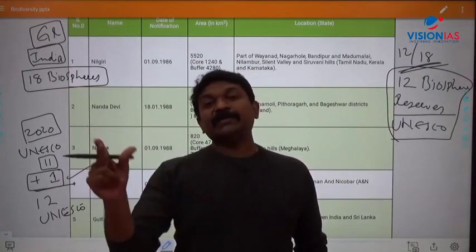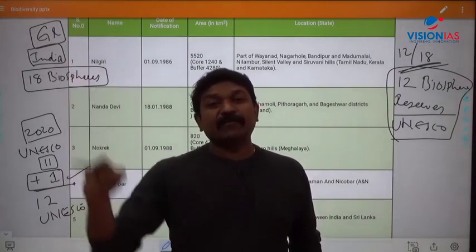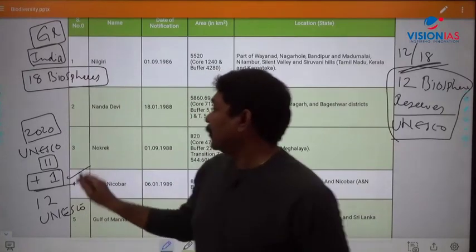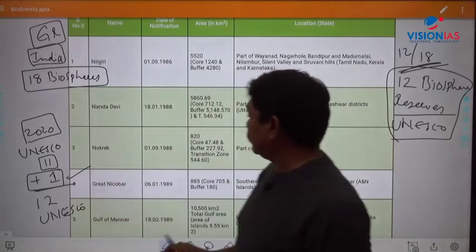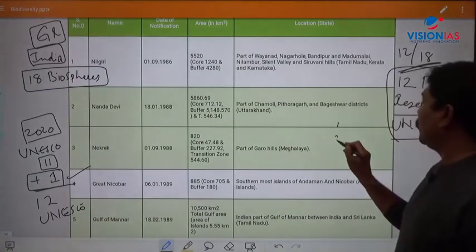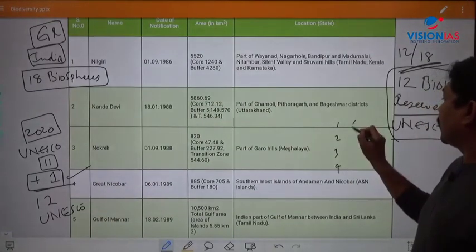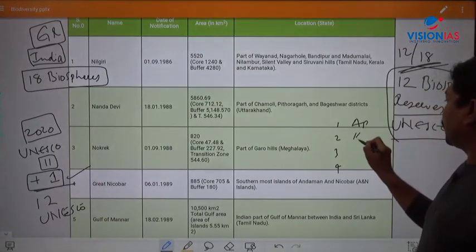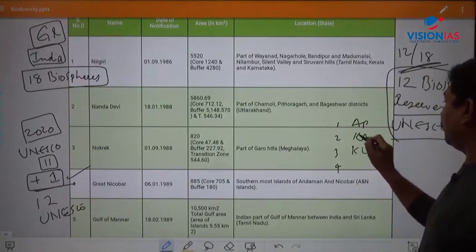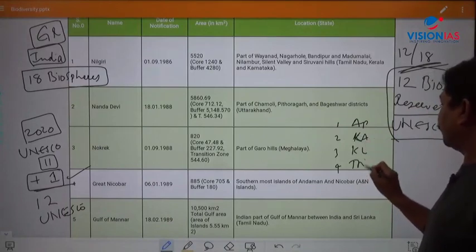Nilgiri Biosphere Reserve stretches in which of the following states? They will be giving the states like 1, 2, 3, 4: Andhra Pradesh, Karnataka, Kerala, Tamil Nadu.